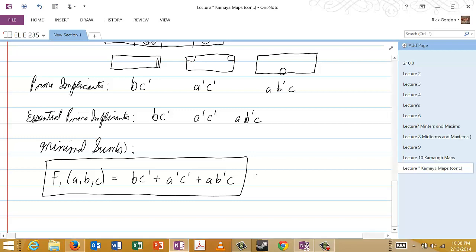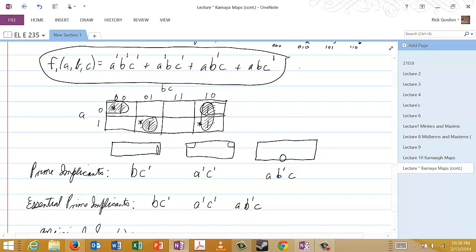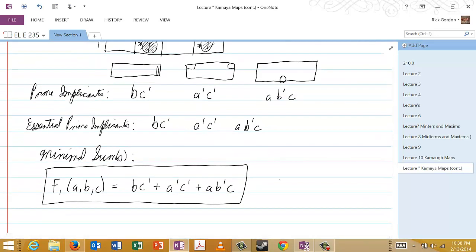So this is our answer. There's only one minimal sum in this case. And notice that we do have a significant savings. In our first expression, we had 12 literals, and in this expression, we have 1, 2, 3, 4, 5, 6, 7 literals.